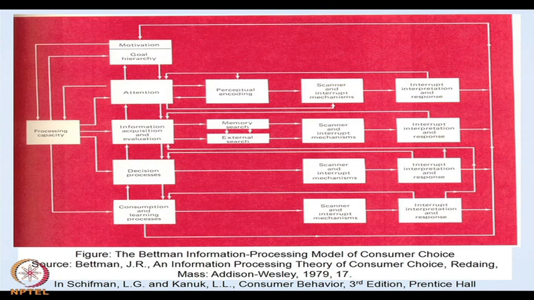As we just said, when talking about processing capacity, Bettman assumed that while information processing capacity varies across people, it is limited for each one of us. Consumers are often not interested in extensive information processing, and they always tend to look for strategies that make product selection an easy process.